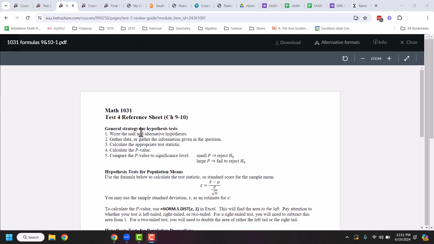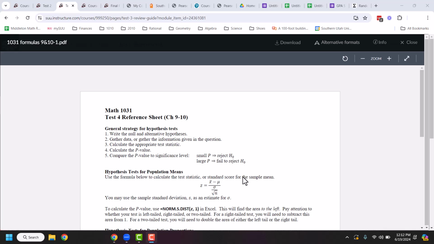So the general strategy for any hypothesis test is that you're going to write the null and alternative hypotheses, and then you'll calculate the p-value and use that p-value to determine whether you should reject the null hypothesis or fail to reject the null hypothesis.